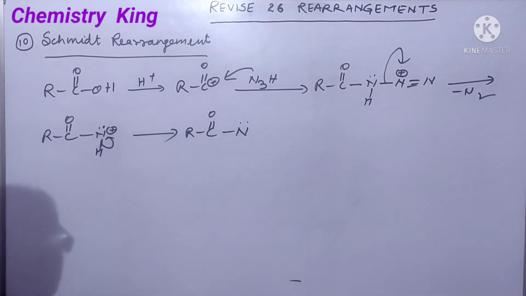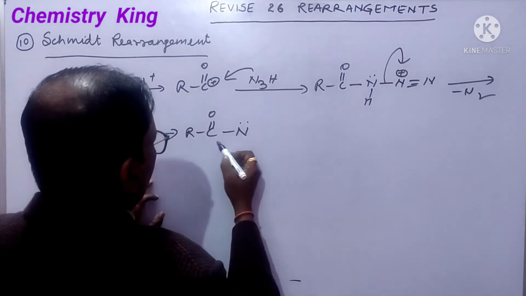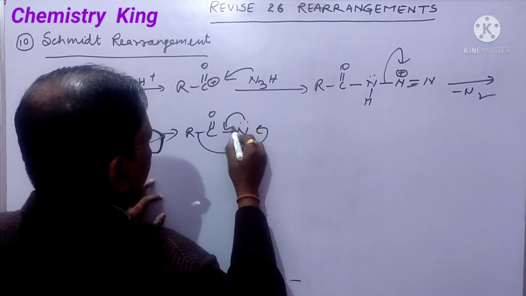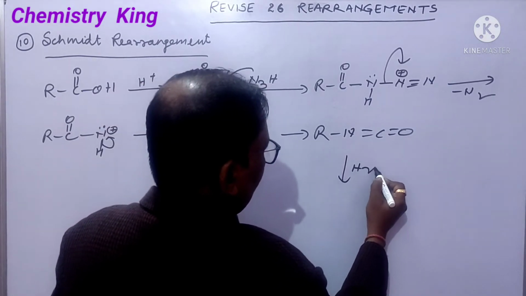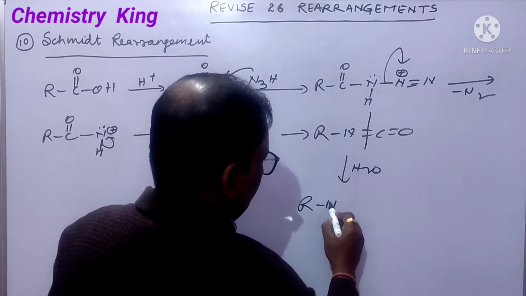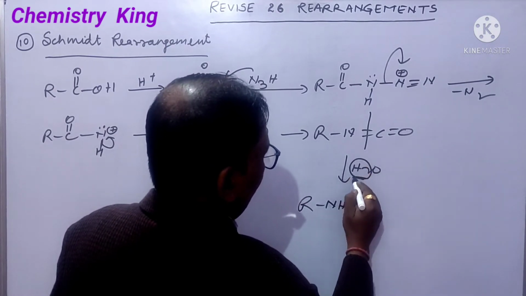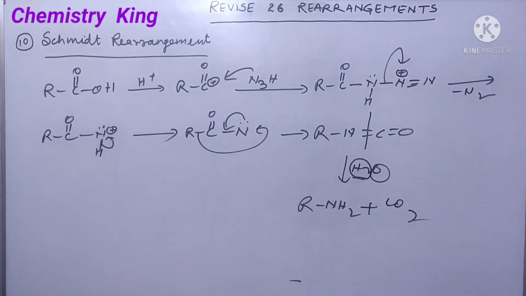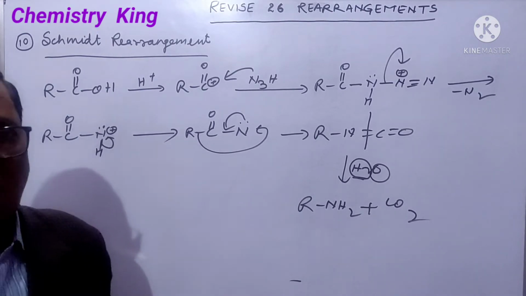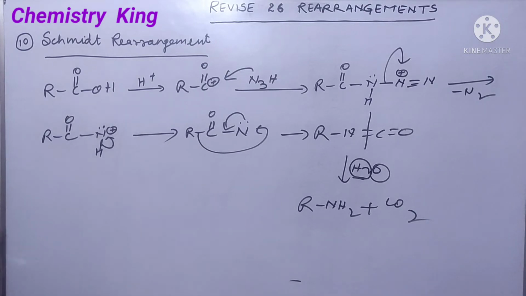It is actually nitrene. Now rearrangement will take place. R will come here, and you will get R N double bond C double bond O. On hydrolysis, RNH2, two hydrogen will come here, and one oxygen will come here, plus CO2. Thus you are getting primary amine. Friends, in all the four rearrangements, Hofmann, Schmidt, Lossen and Curtius, you will get nitrene and consequently isocyanate, and on hydrolysis it will produce primary amine.